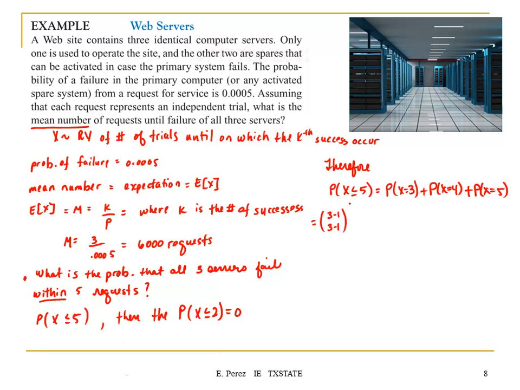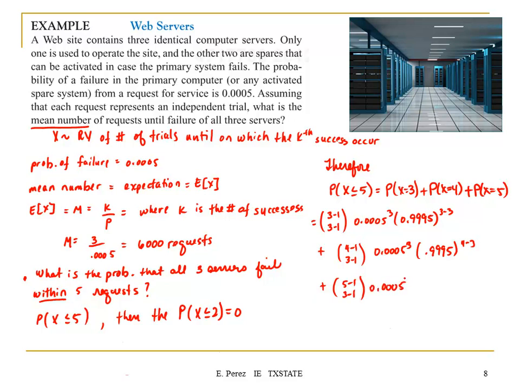So this is (3 minus 1 choose 3 minus 1) times 0.0005 to the 3 times 0.9995 to the 3 minus 3, plus (4 minus 1 choose 3 minus 1) times 0.0005 to the 3 times 0.9995 to the 4 minus 3, plus (5 minus 1 choose 3 minus 1) times 0.0005 to the 3 times 0.9995 to the 5 minus 3.